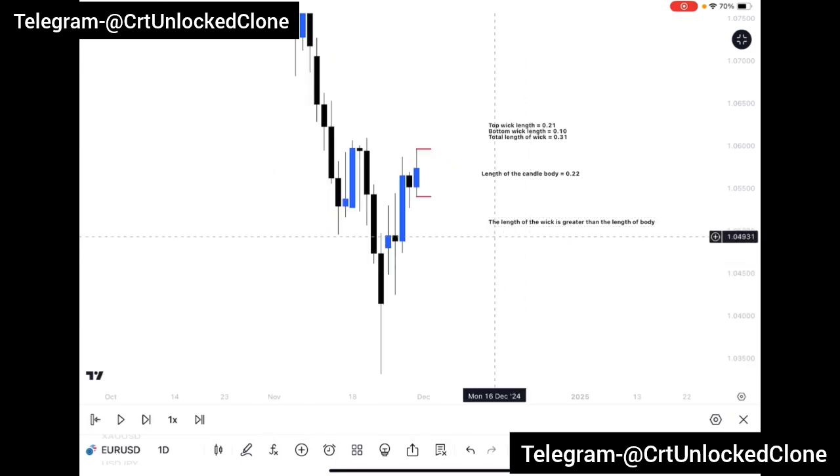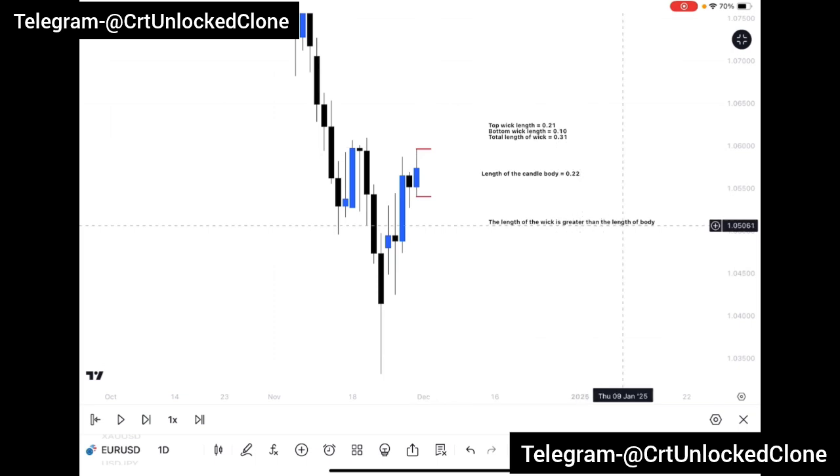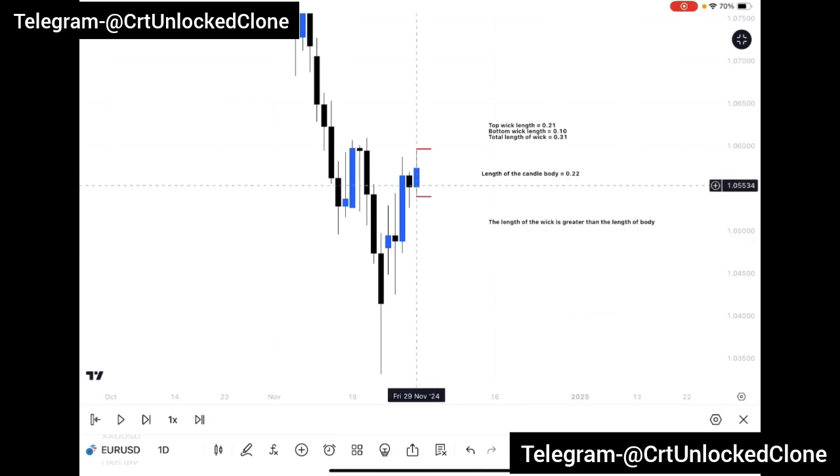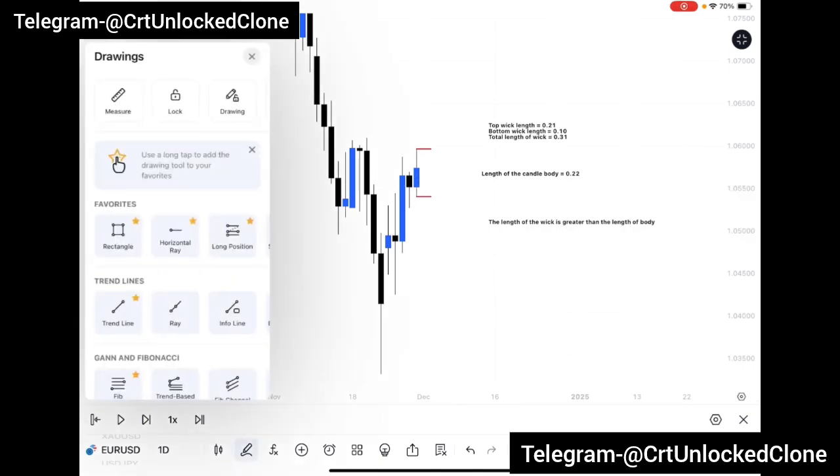So, for this particular candle, the length of the wick is greater than the length of the body. So from here, as I said already, if the wick is greater than the body, it's not a CRT candle. So for this particular candle, it's not a CRT candle.